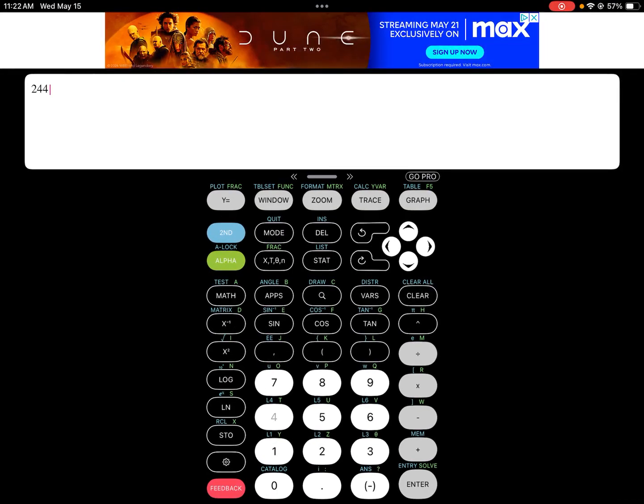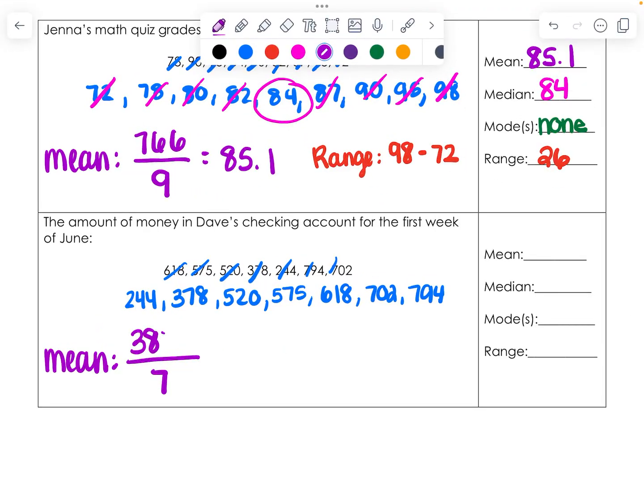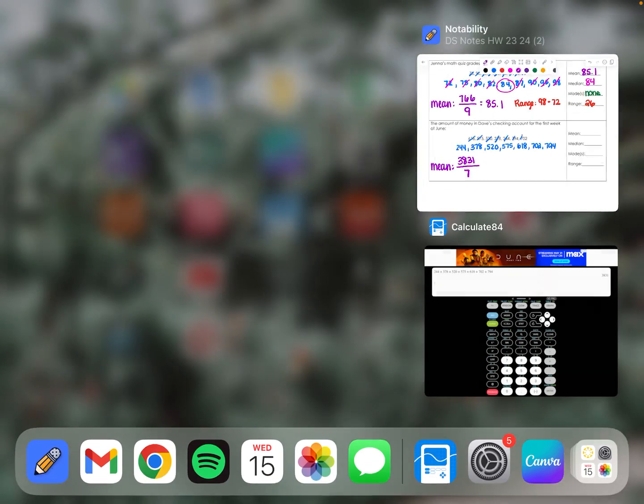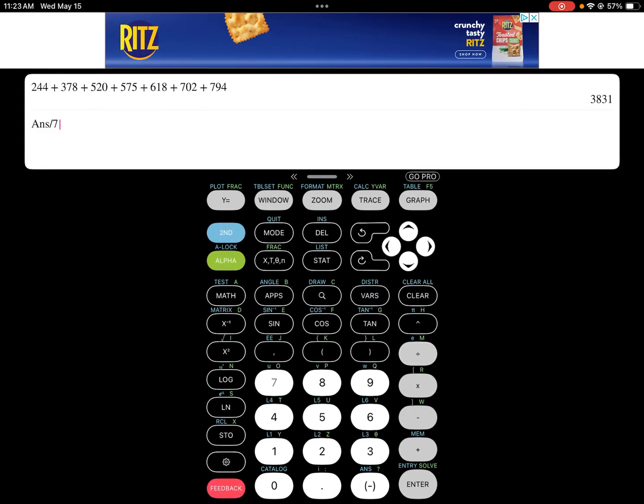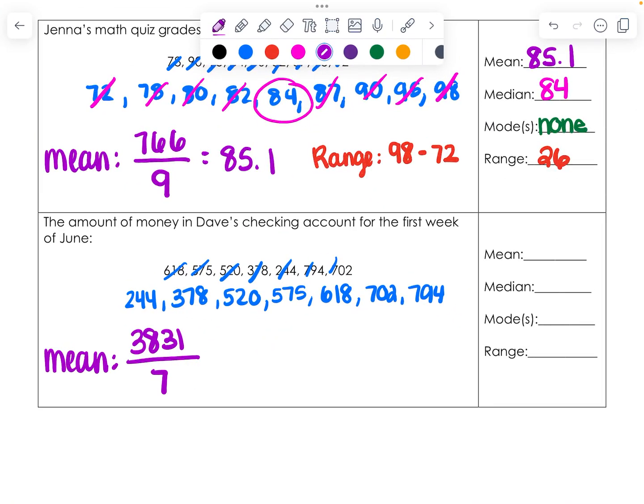So 244 plus 378 plus 520 plus 575 plus 618 plus 702 plus 794. That gives me 3,831. And then I'm going to divide that by 7 to actually get my mean, which is 547.3.